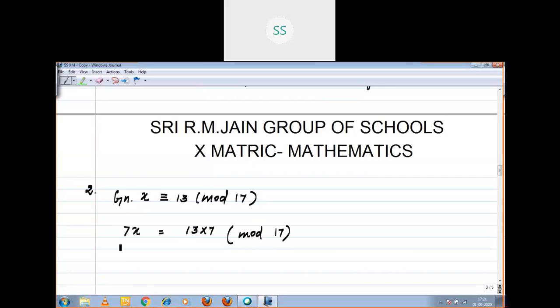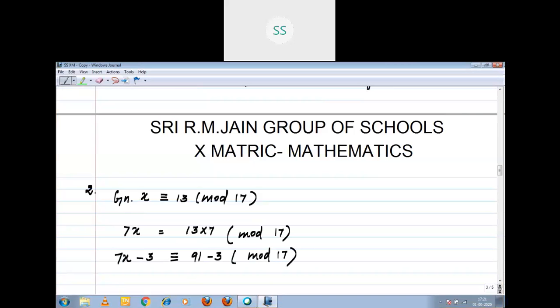Here I am assuming 7x equal to 13 into 7 modulo 17. x is congruent to 13. They said 7x minus 3. That's why I multiplied both the sides by 7.